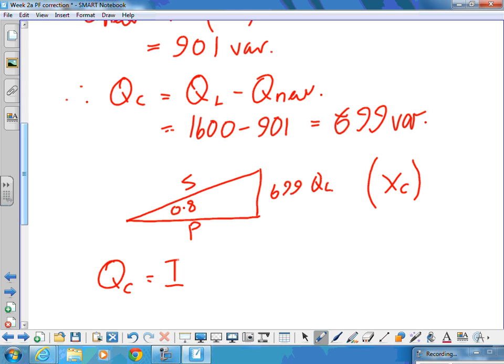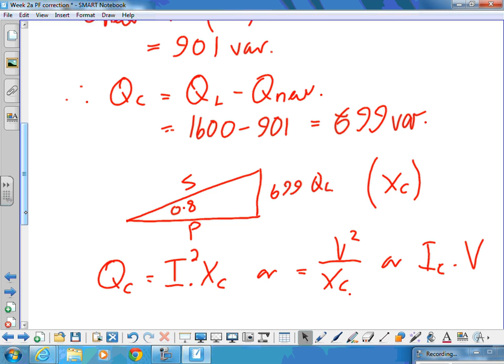That's either equal to I times the impedance of the capacitor, the magnitude of it, XC, or it's equal to I squared XC, or it's equal to V squared over XC, or it's equal to IC times V.